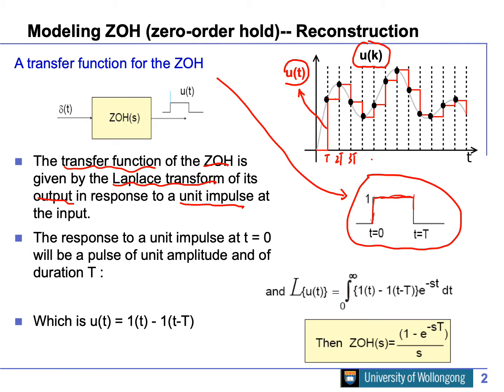If we consider a unit step signal, say a step signal from 0, and then we subtract another step signal which starts from time equal to T. So the first step, the red one, is our first step input, minus our second step input, this blue one, and that's our model.